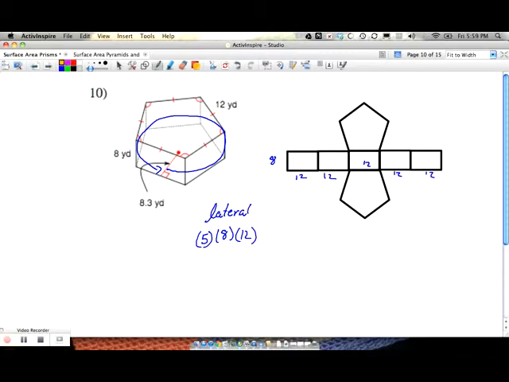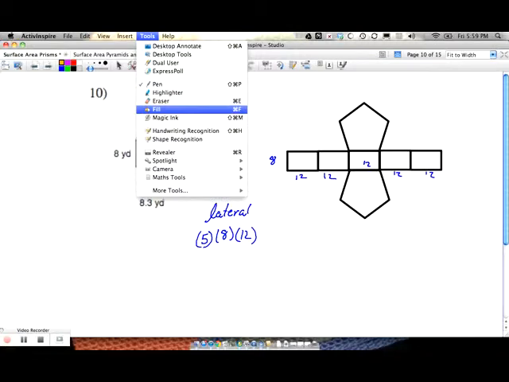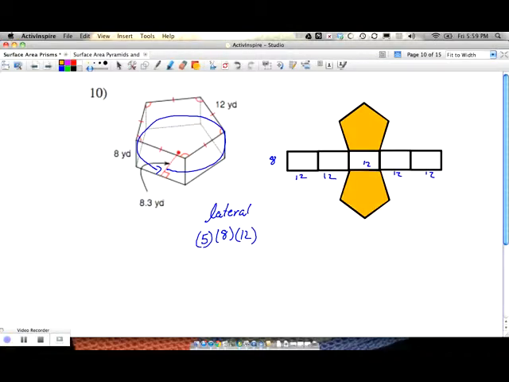Now I also need to find my base. So let's go ahead and fill in those bases so we can see what we're really looking at here, base, base. Okay, now if we find the area of the base, we're going to be adding the area of the bases, I guess you could say, because there's 2 of them, is a pentagon. Now these pentagons can be split up in such a way that we can do triangles instead of pentagons.